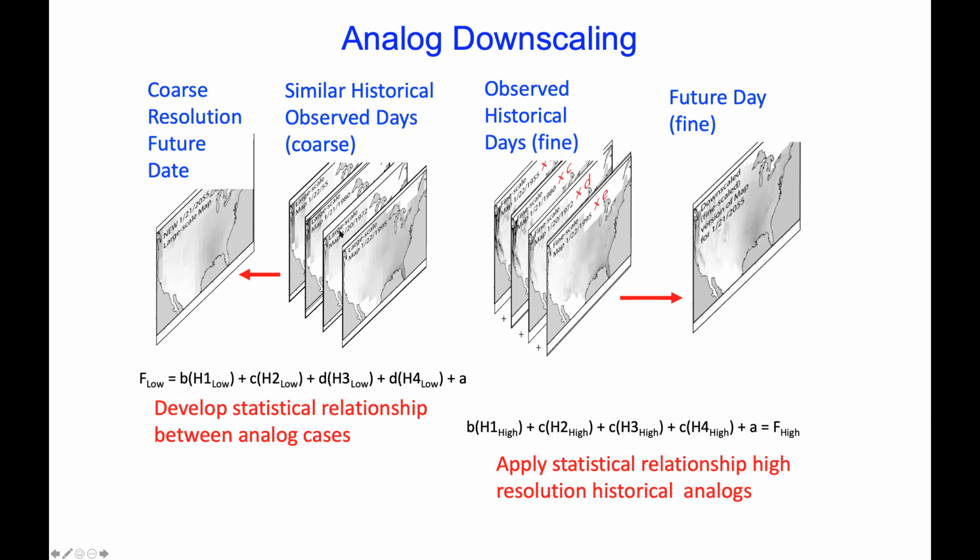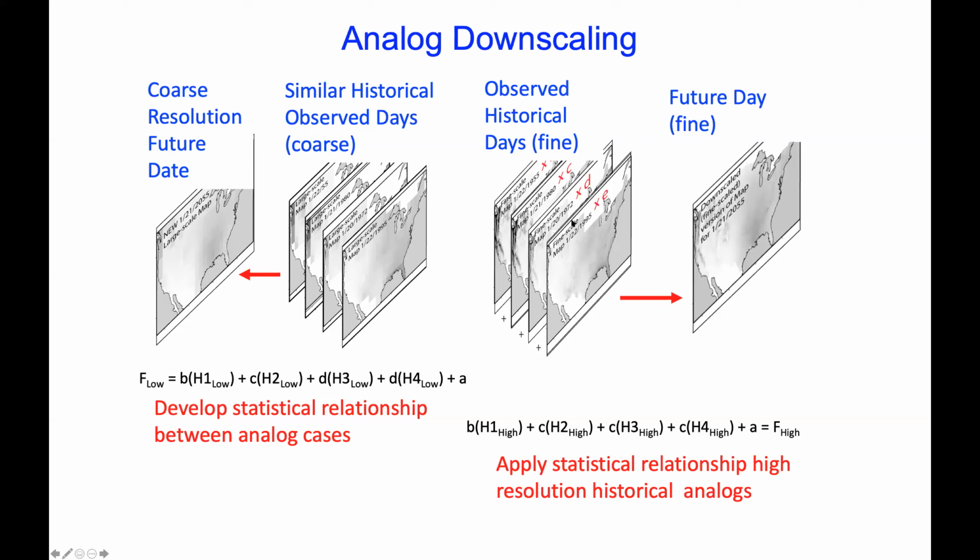So we can take these historical days where we do have finer scale data, something more on the order of say 10 or 5 kilometers, and then use this same relationship. The A's and the B's and the C's are all the same. They're just being applied to this higher resolution grid to come out to see what we would see on that future day going on.